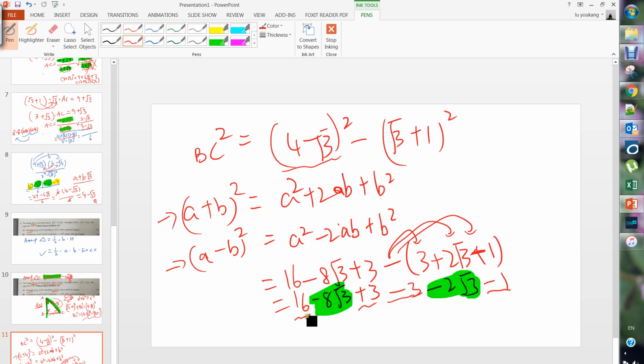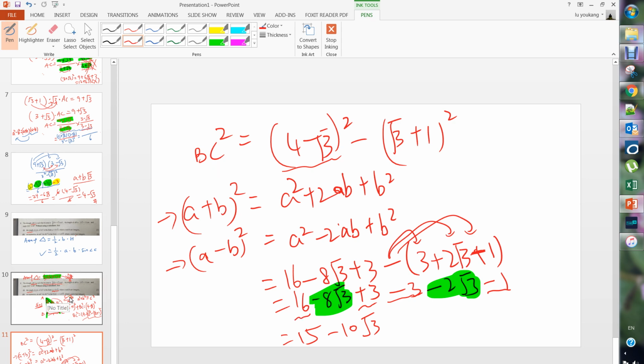So 16 plus 3 minus 3, so this plus 3 and minus 3 cancel each other, so you end up with 16 minus 1, which is 15, and you have minus 8 square root 3 minus 2 square root 3, which is minus 10 square root 3. Okay, so that is your value for BC squared.